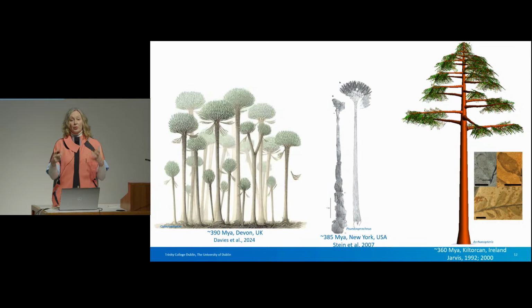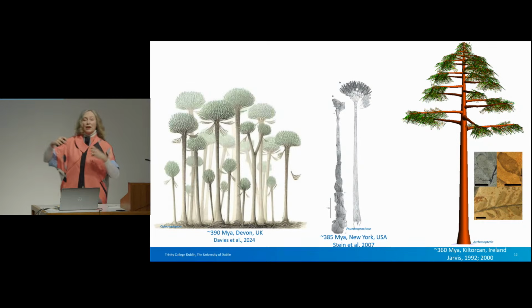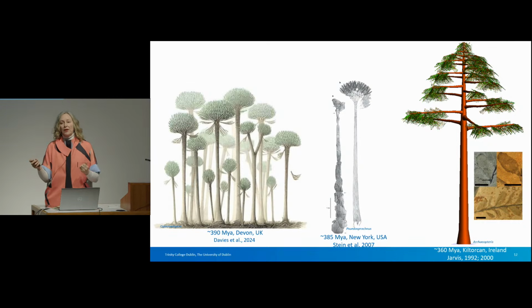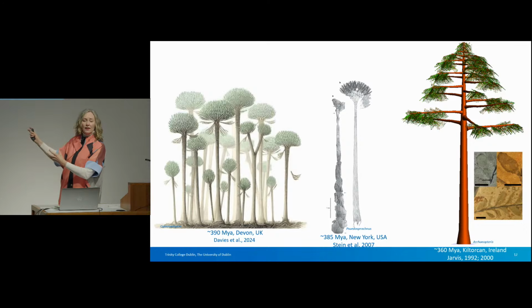It's got this incredible compound lignin that is really hard to break down. And it has big side branches, much more familiar with the form of a modern tree. But it reproduces by spores. So this is such an unusual plant. It's like a hybrid.